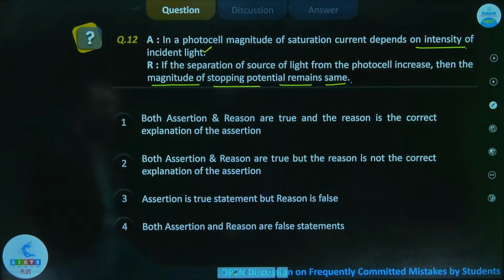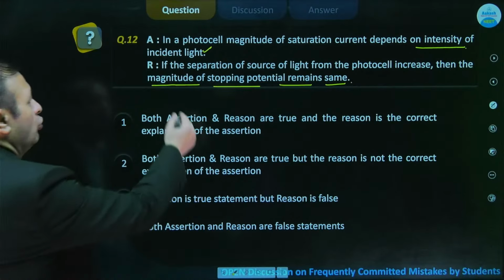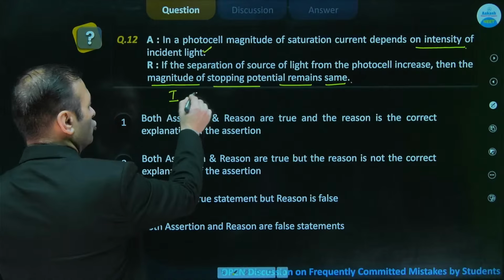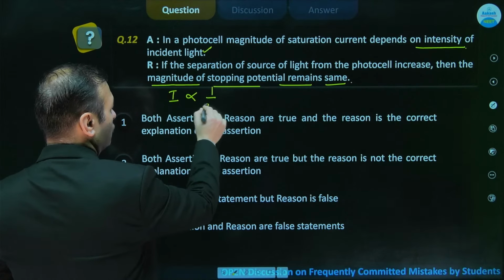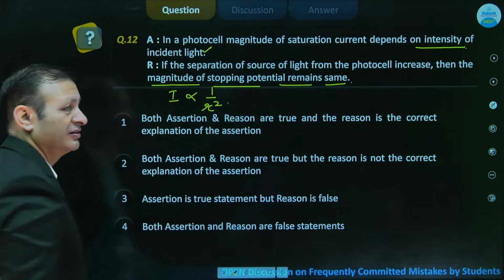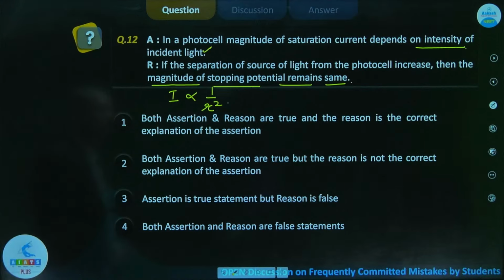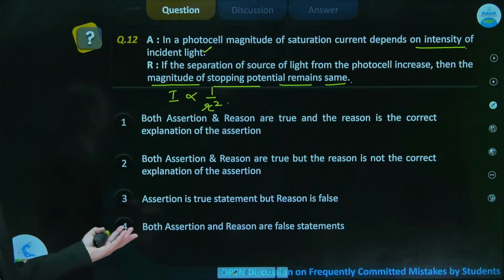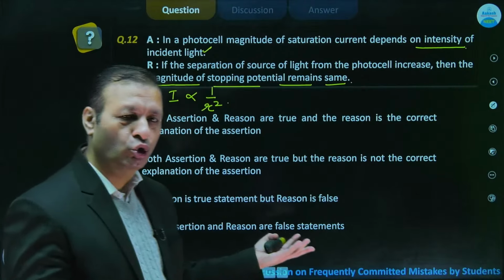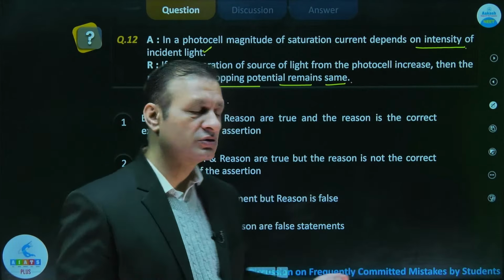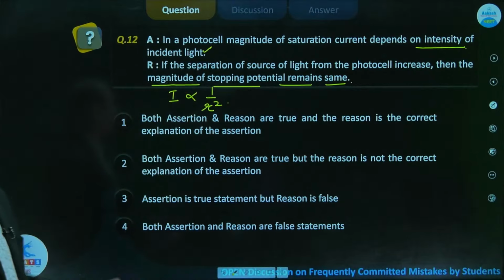The question is, if the separation of the source from the photocell increases, we know intensity from a point source is proportional to 1 by r square, where r is the separation. So with the increase in r, intensity decreases. But intensity has no role to play for the stopping potential. So stopping potential remains same because it depends only on this one.